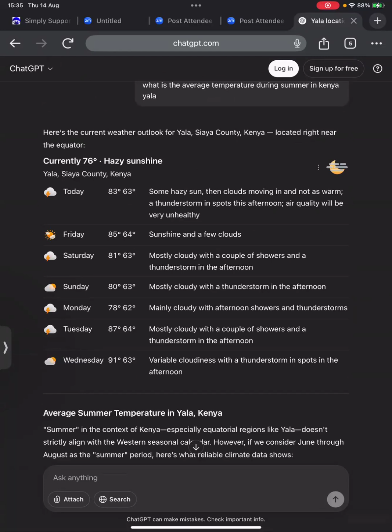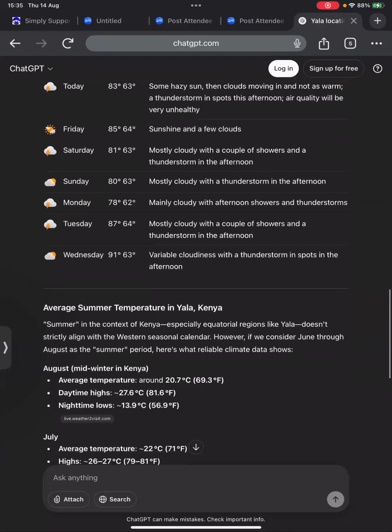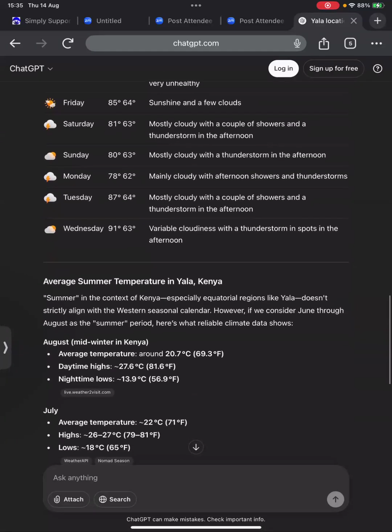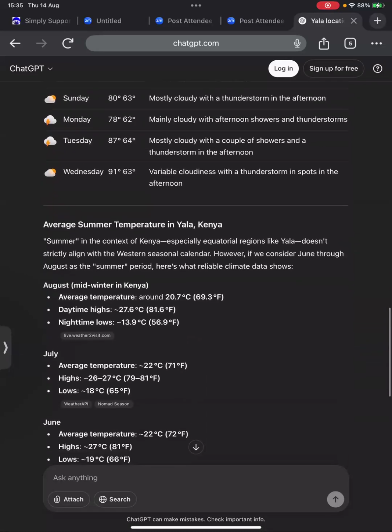What is that in Celsius or Fahrenheit? Daytime. I want to know summer.